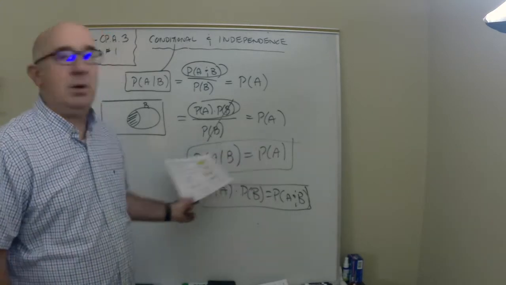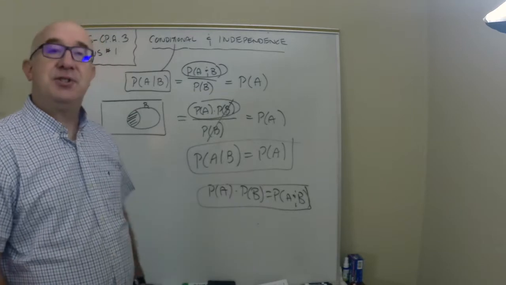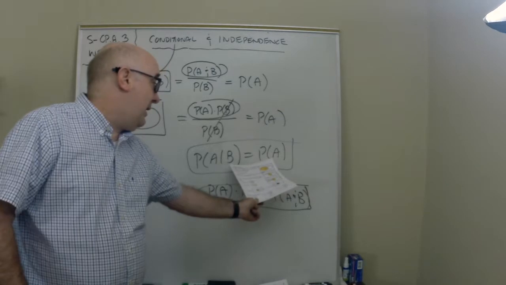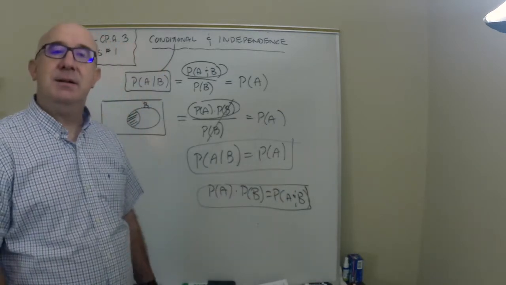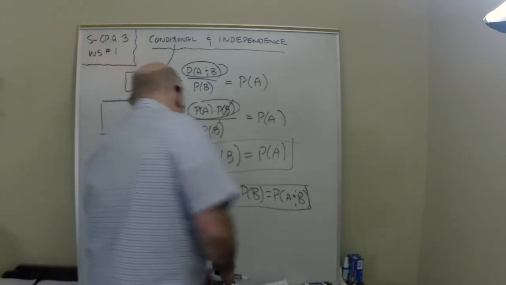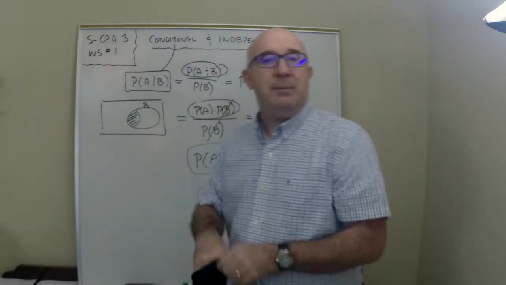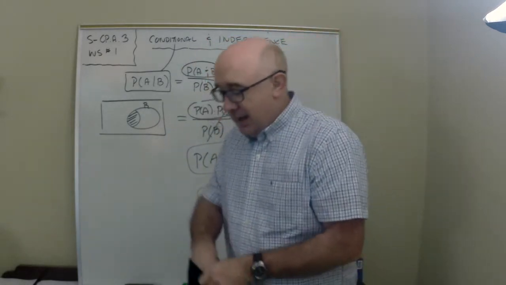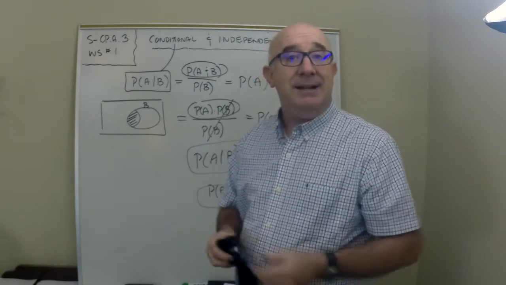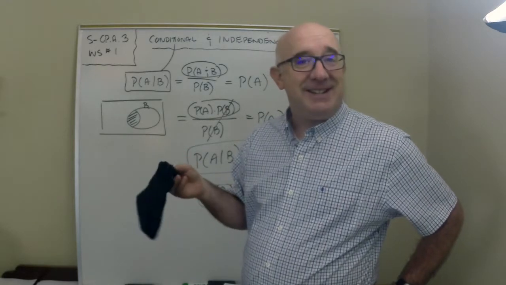This is an equally powerful way to determine independence: if the conditional statement, if A's probability is the same after B has taken place, then they were independent. They didn't impact each other. So a lot like that idea that if I pick from the bag and the marble comes out, if I put the marble back in, the second pick doesn't care what happened previously because it's just the same.